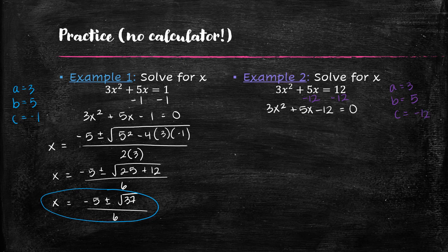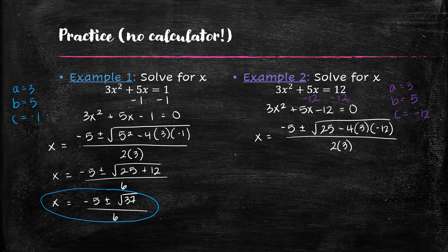Okay, so that means when we plug into our formula, we'll see a lot of the same stuff. Let's see, opposite of b, negative 5, plus or minus 5 squared, I'm just going to write that as 25, minus 4 times 3 times negative 12, all over 2 times 3.